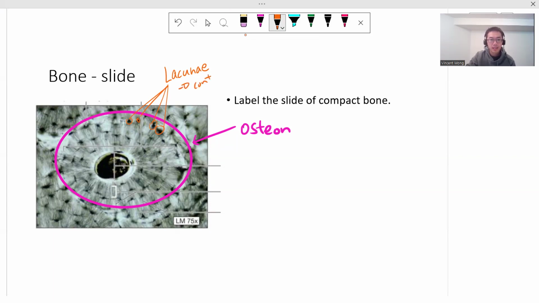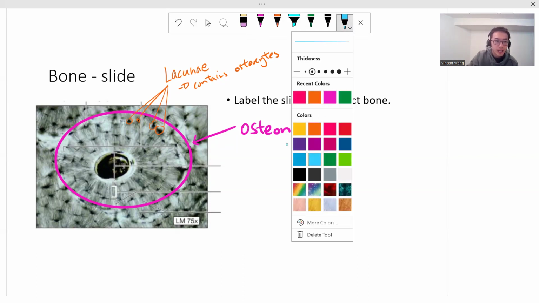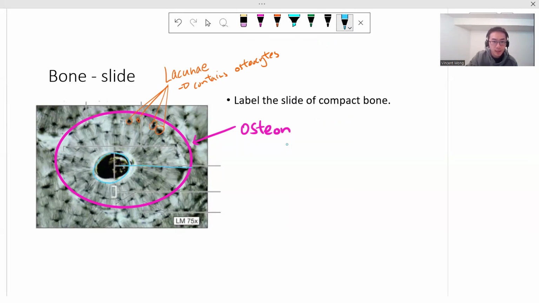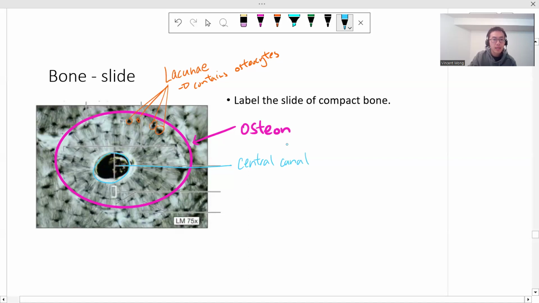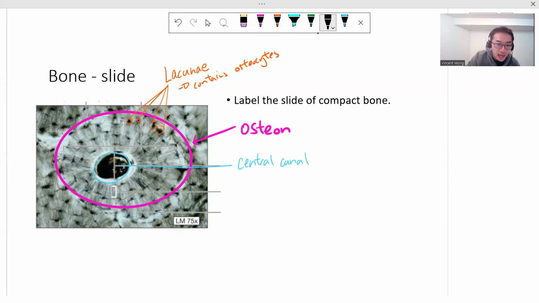It contains osteocytes. We have the central canal right there for the blood vessel to come out. Central canal. All these lines that you see, I guess it's hard to point to.